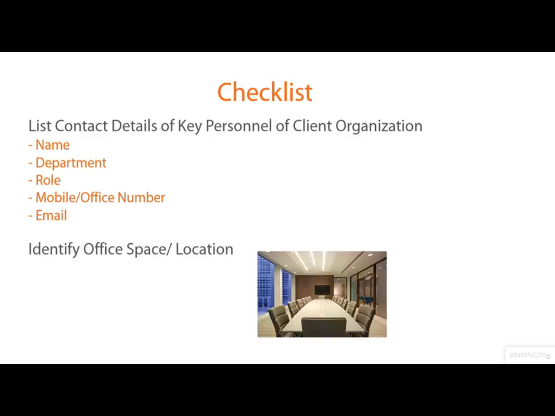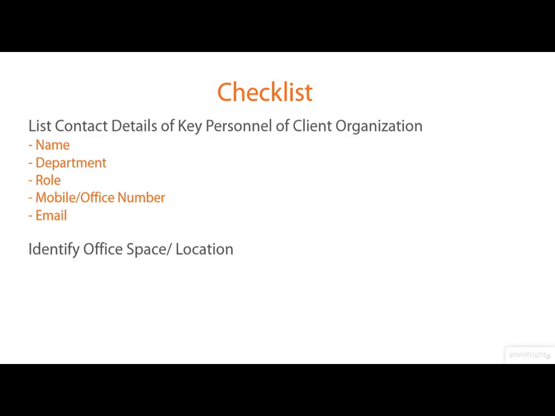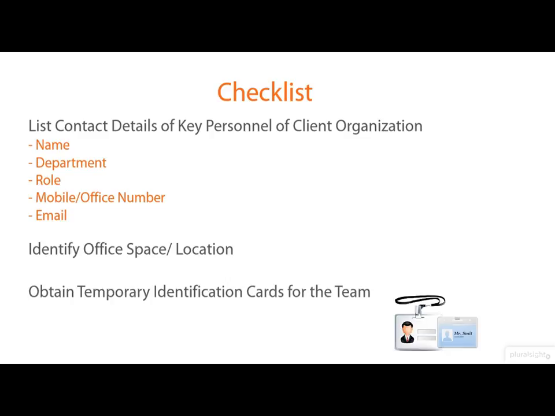After that, inspect the area where the testing team will work and choose a location that is near to the network equipment room. The location should have easy access to restrooms and should have restricted access to other employees of the client organization. After choosing the physical location, obtain temporary identification cards for the team.